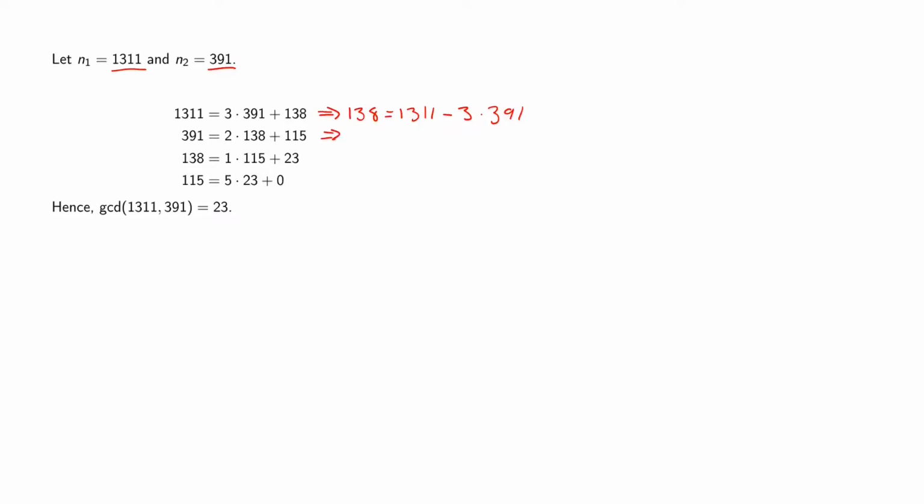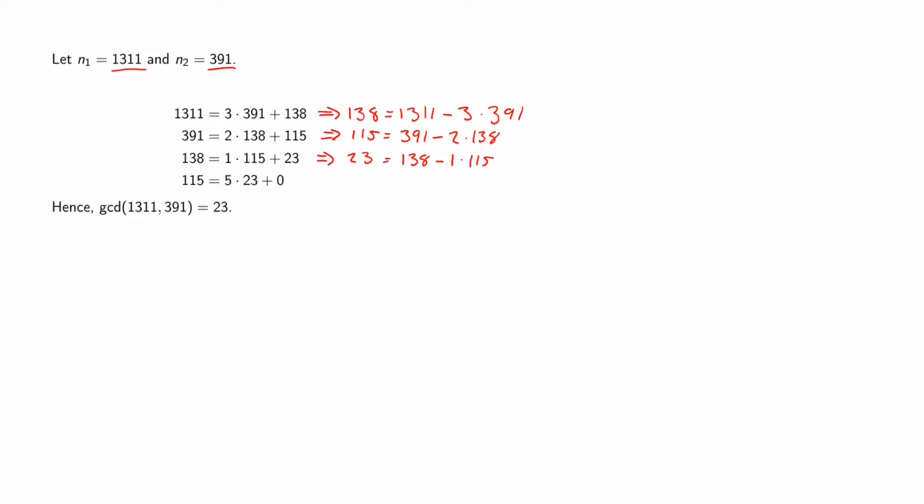This one we rewrite as 115 equals 391 minus 2 times 138, and this one we rewrite as 23 equals 138 minus 1 times 115. And we don't need to rewrite the last row because we're going to start from the second last row anyway.